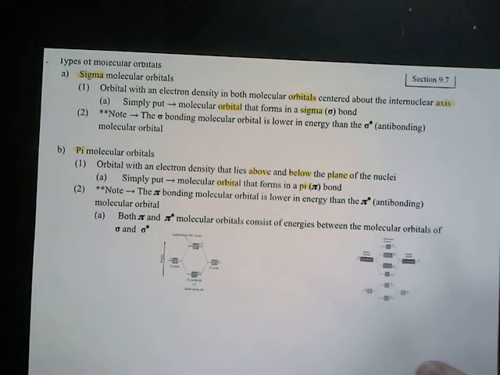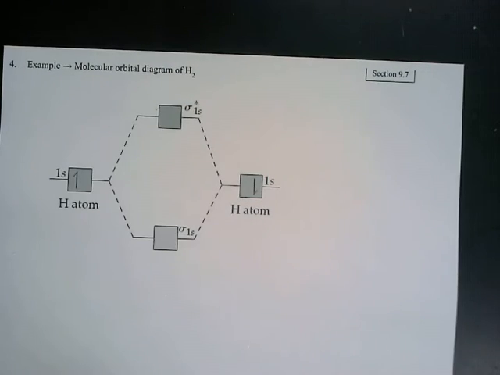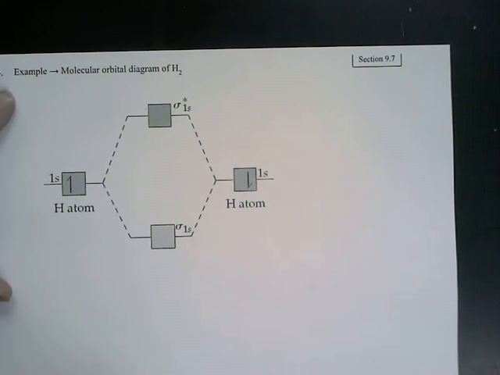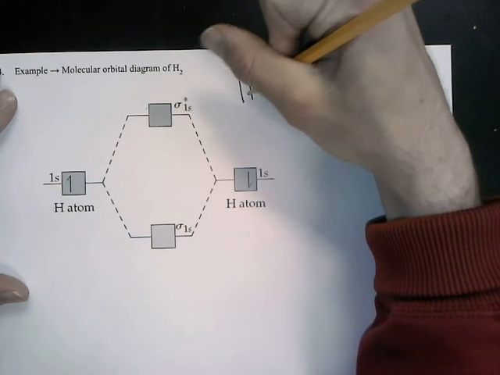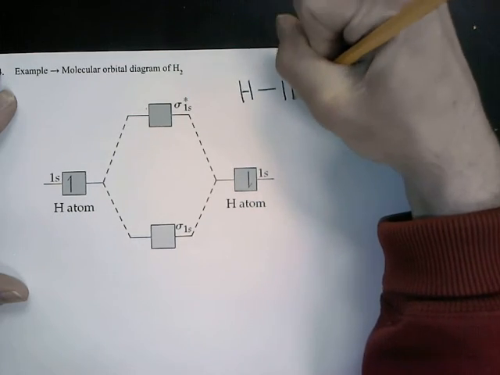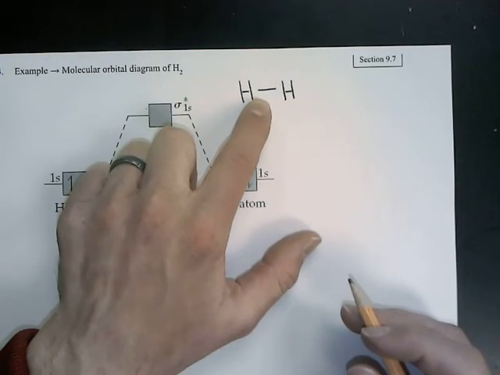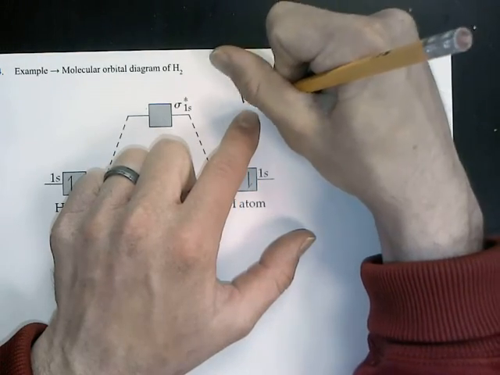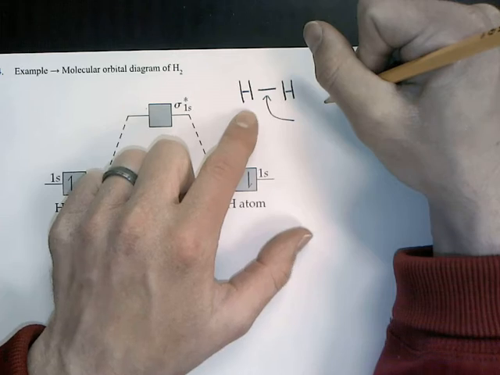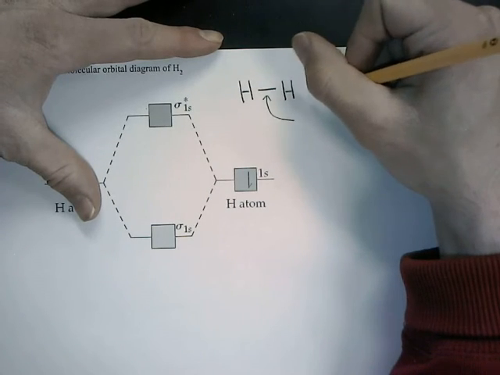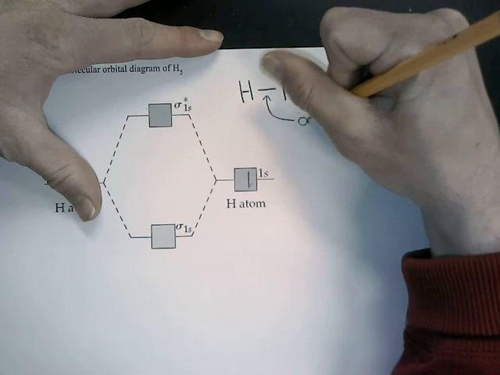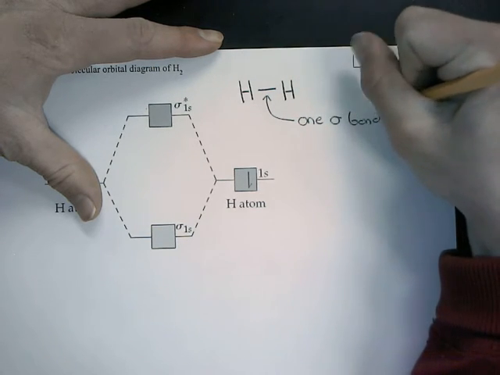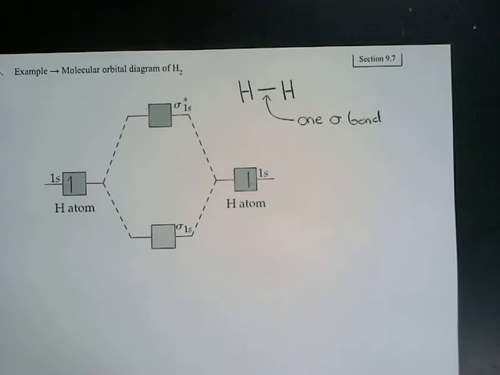And now your head may be spinning a little bit, but let's take this into an example. So we have an example of our molecular orbital diagram of H2. Now remember, H2, if we drew its Lewis structure, would have only one sigma bond, because we only have one covalent bond.